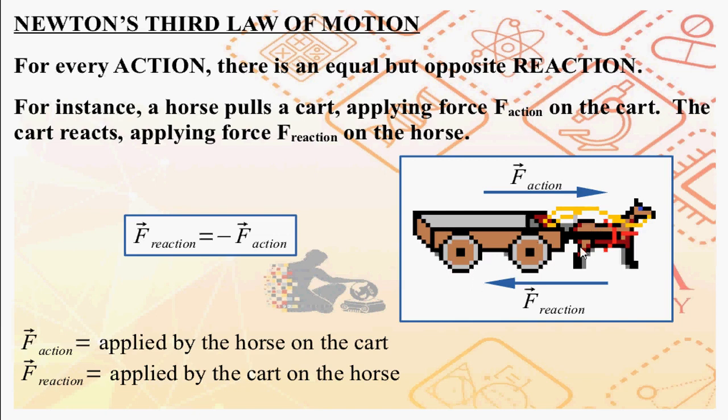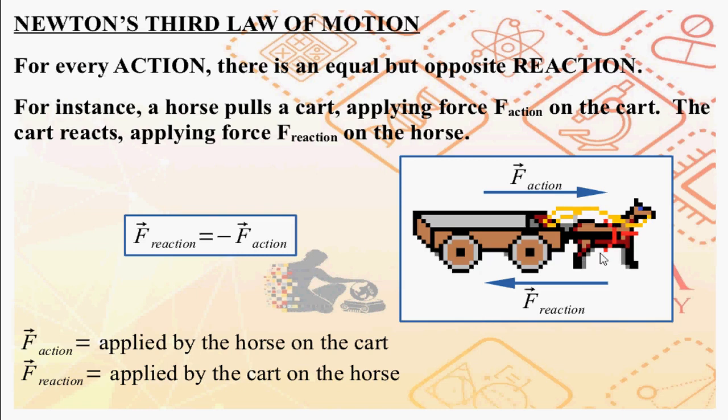When you have one object pulling a second object, so F action is applied on the object by object 1, the object will react by applying a force on the first object, F reaction, in the opposite direction.